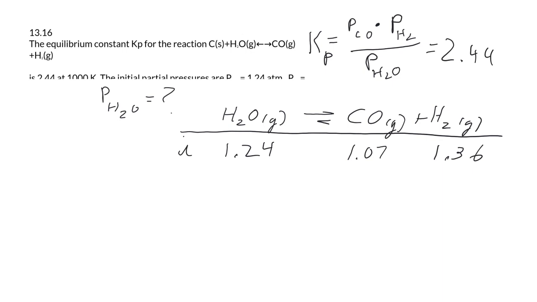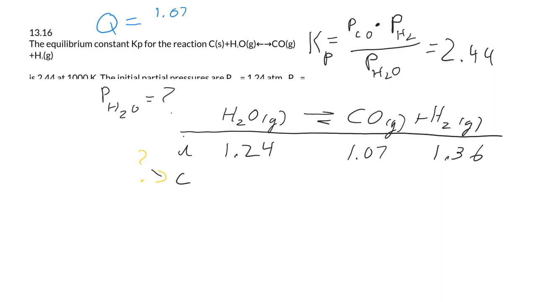We have to know which way our reaction is going to go. Are we going to move to the products, or are we going to move to the reactants here, right? That's a valid question. So what we have to do is figure out the value for Q, or the reaction quotient. When the system is at its initial state, does it have too much product or too much reactant?